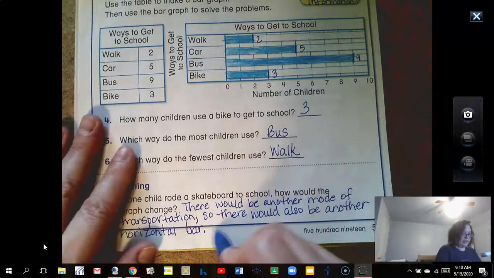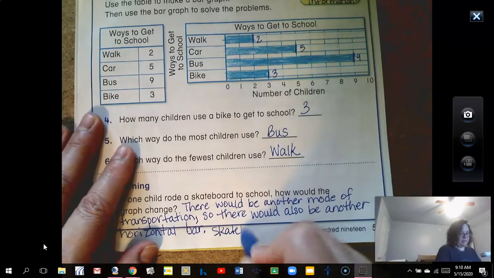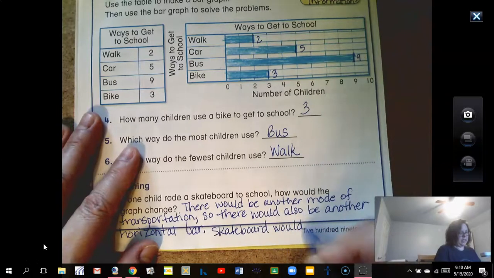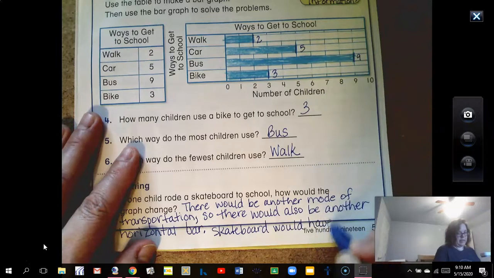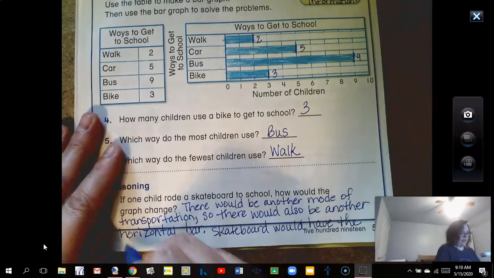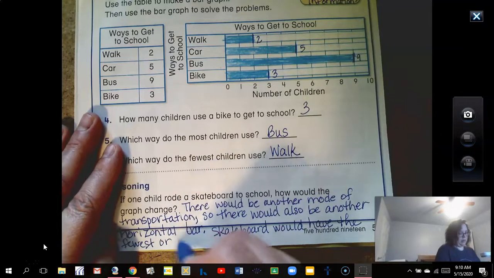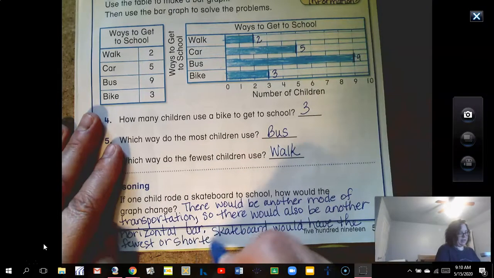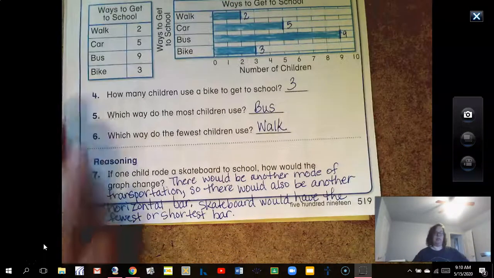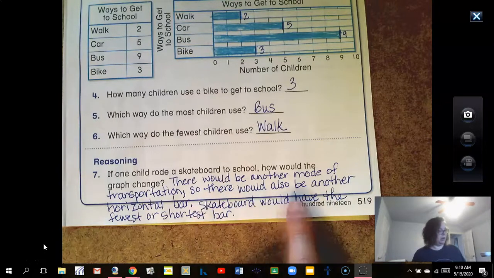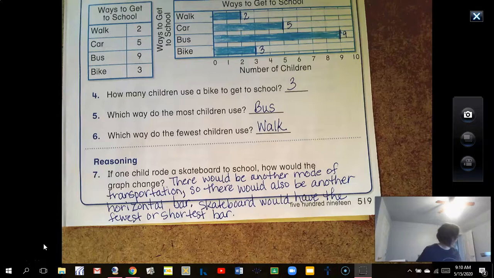And you could put skateboard would have the fewest or shortest bar. You don't have to put that down if you don't want. You could just put there would be another mode of transportation, so there would also be another horizontal bar.